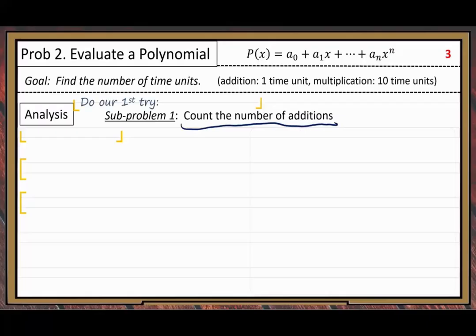Let's try it. So this time, in order to calculate this polynomial in a straightforward way, the brute force method, how many additions do we need? Here, let's practice our problem solving skill a little bit.